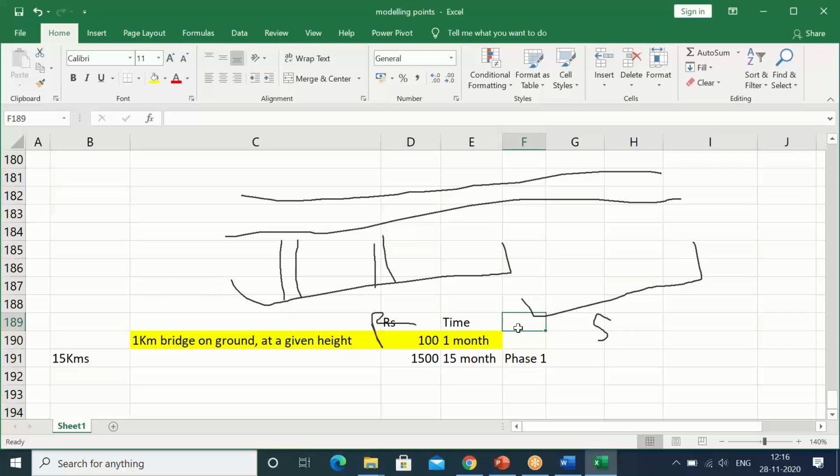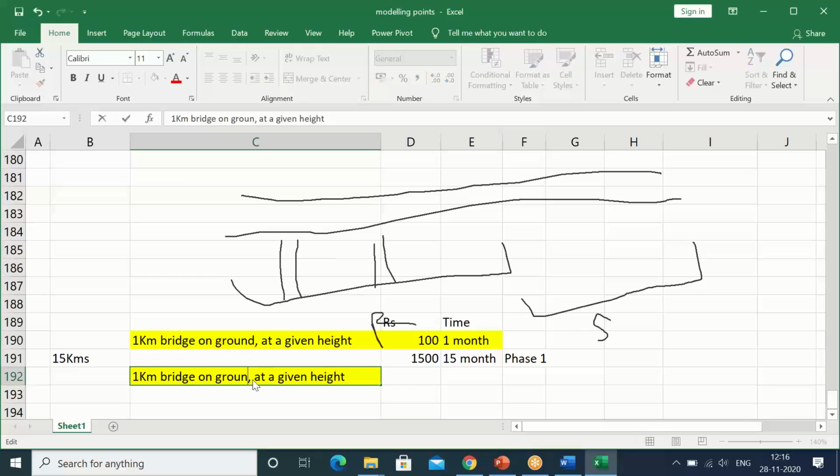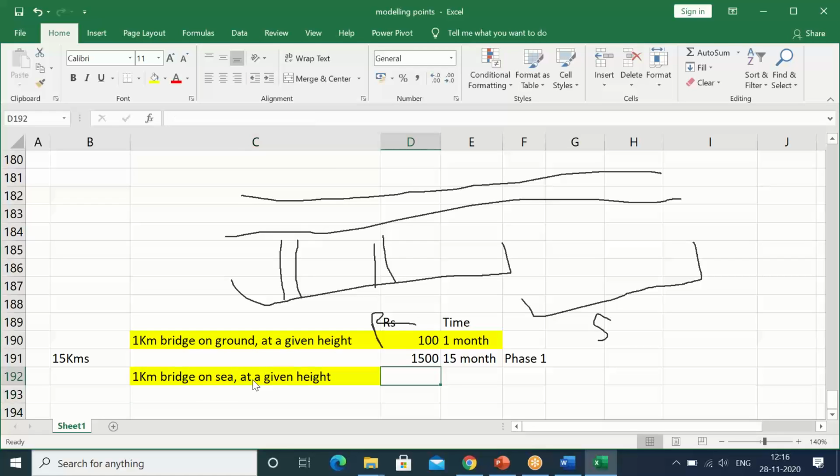Yes, sir. Clear. And they gave us one more piece of information, which is this. If I have to construct a 1 kilometer bridge on sea at a given height, then again the pricing will be different. Let's assume it takes 200 rupees and, let's assume, 2 months.